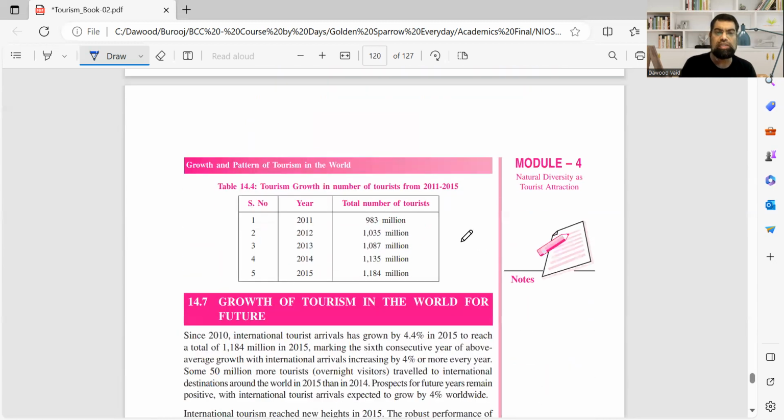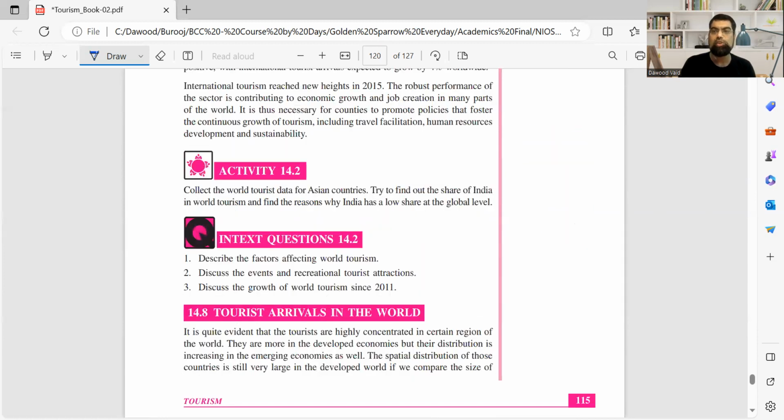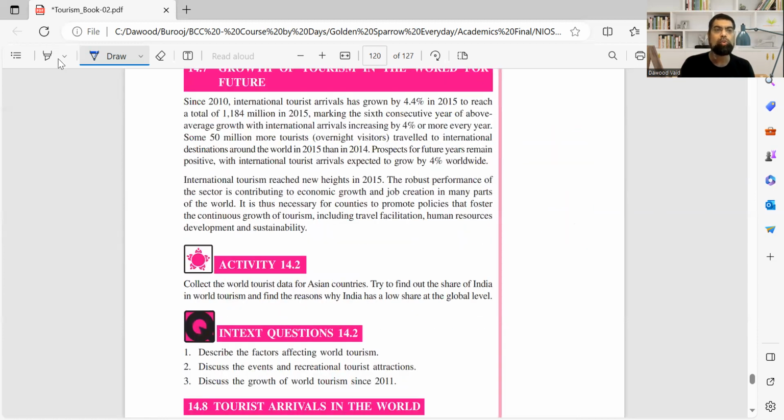The numbers have grown significantly from 2011, where close to 1,000 million tourists were visiting, and in 2015 it's 1,200 million. This is the growth of 4%. There's a question there. How was the growth of the tourists? So you can just write an answer. The growth was by 4%, which is enough for you to answer this. That's all. You don't have to worry about a lot of questions and a lot of answers.